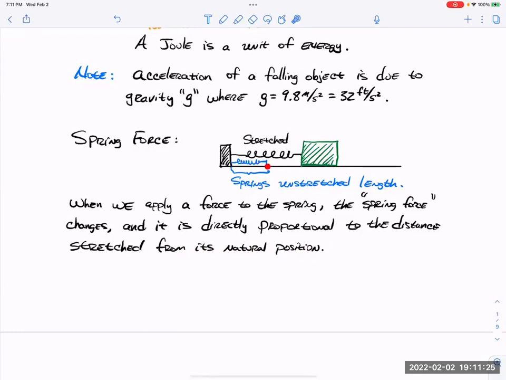So you take a spring in natural position, if you pull it, you have to apply a force to attach it to this block. So you applied a force to get it here, and that force varies directly with the amount the spring is stretched. So if this is the spring's natural position, you stretched it this amount to hook it to here.